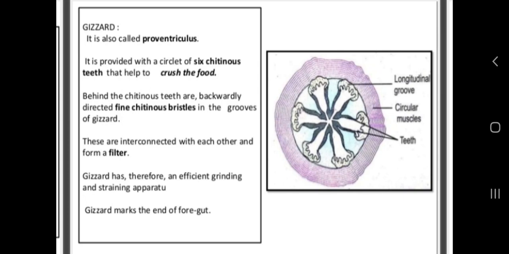These structures help to filter the food, hence only very fine food particles can enter the midgut of the alimentary canal.